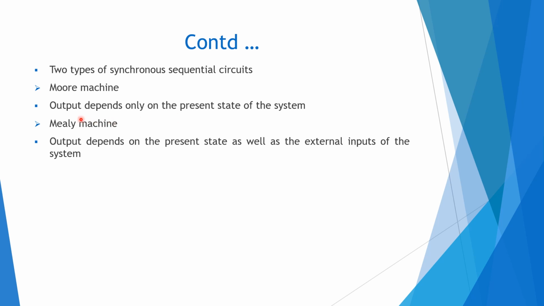In the Mealy machine, the output depends on the present state as well as the external inputs of the system. The inputs are not synchronous to the clock, so while the input changes, the output also changes. So the output does not depend completely upon the clock.